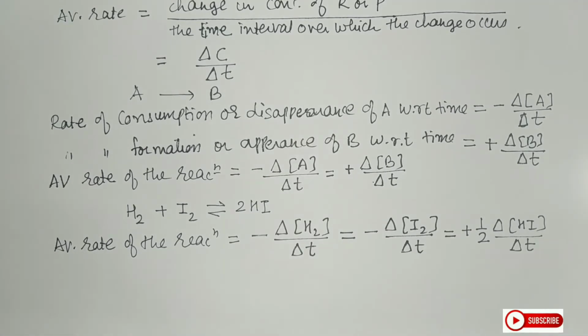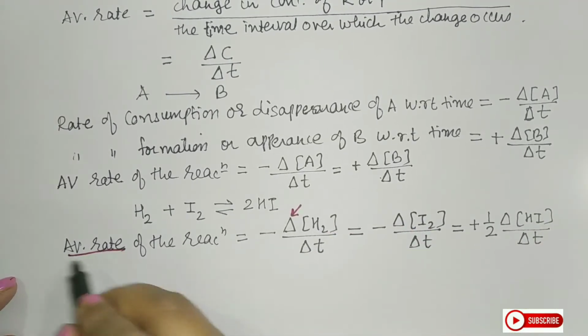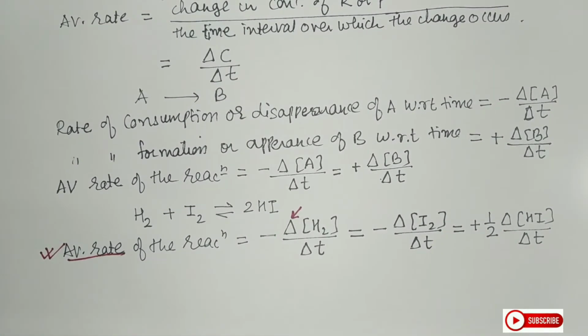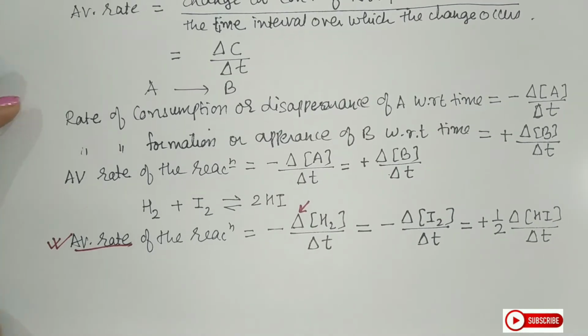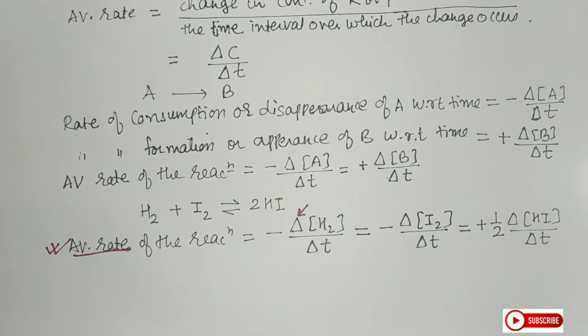Simple, students, when you write the average rate, the symbol you will be using is this triangle. This triangle means the average rate. So it is the change in the concentration of the reactant or the product with respect to the time that it takes for the change. Now let us see the graph here, and through the graph we can explain why this is negative for reactants and why it is positive for the product.